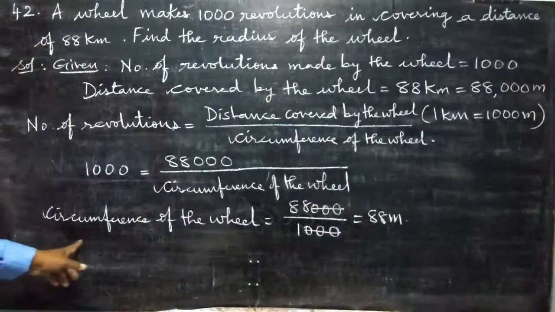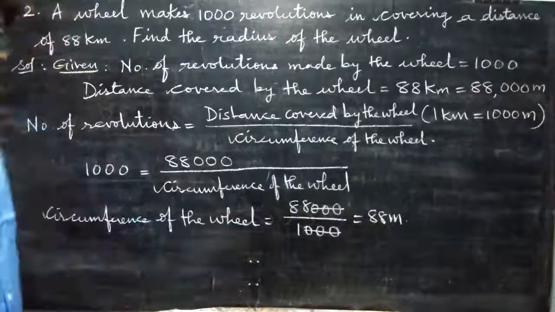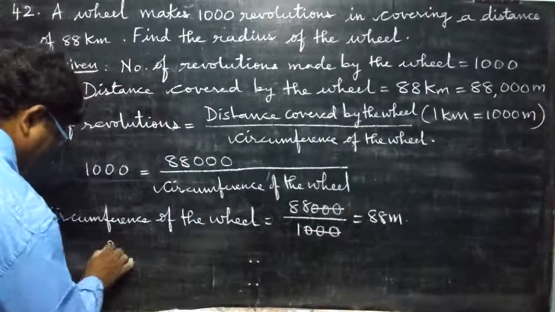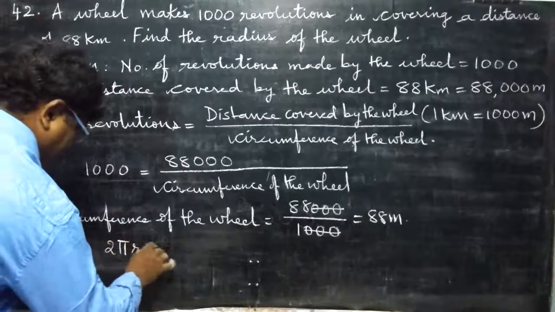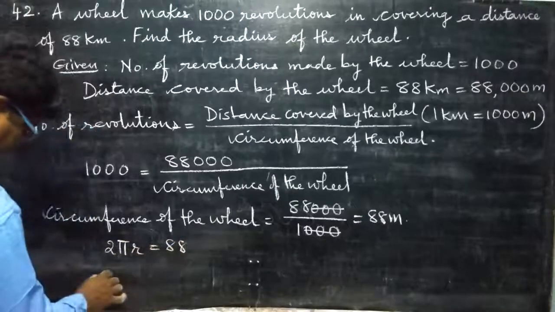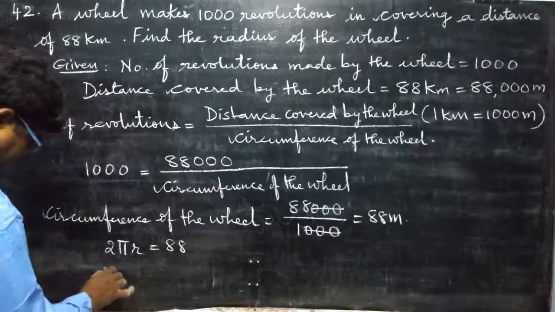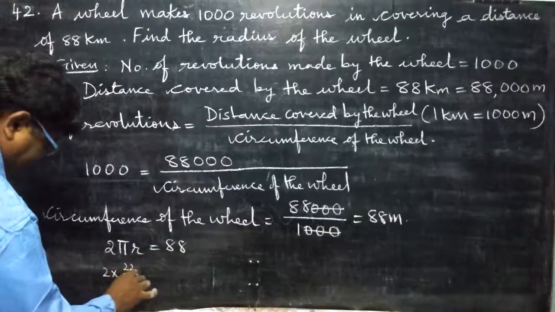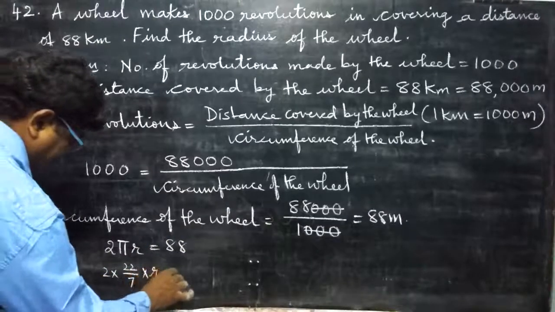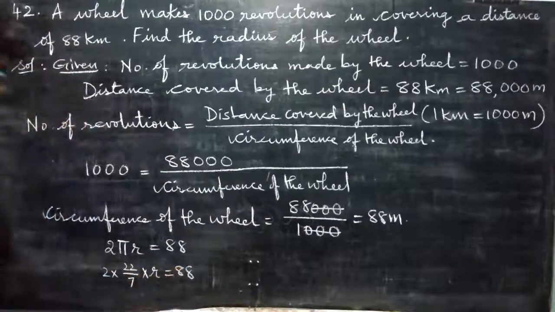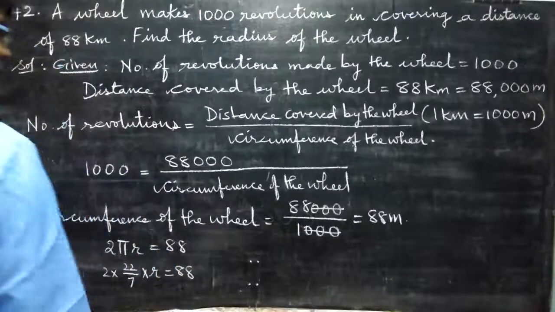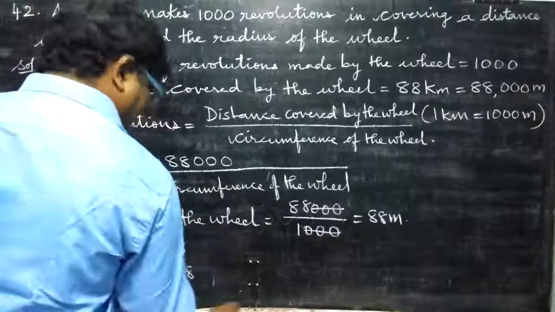What is this? Circumference of the wheel is 88. Circumference formula is 2 pi r is equal to 88. 2 into 22 by 7 into r is equal to 88. Now we want to find r.